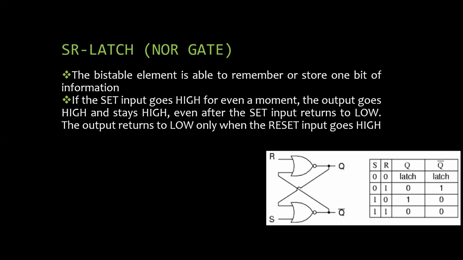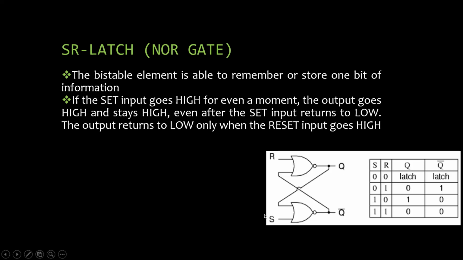If the set input goes high for even a moment, the output goes high and stays high even after the set input returns to low. There are two inputs, S and R: S is for set and R is for reset, and the outputs are Q and Q bar.